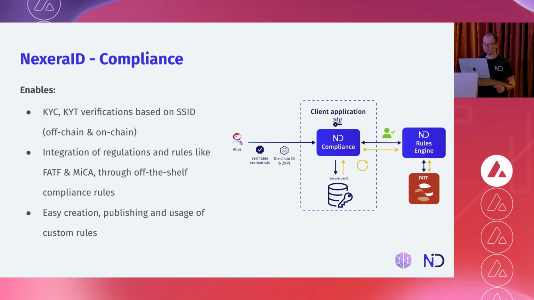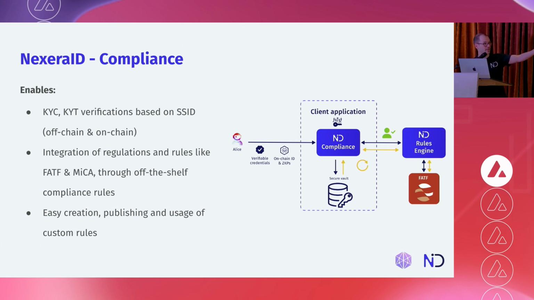Then the second SDK that we provide also gets integrated in the client application, and it enables the client application to request specific data from the user. And it's the user himself who decides what type of data he wants to share. He will be able to see what type of data the application will ask him for, and the way that he wants to reveal it, either as verifiable credentials, or as on-chain ZK proofs, or off-chain ZK proofs.